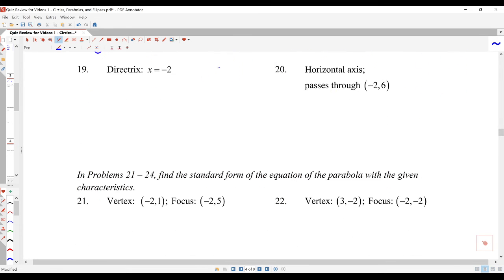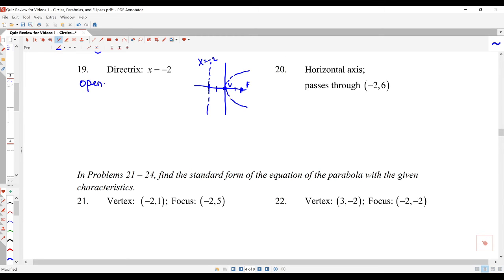Number 19. Again, vertex at the origin. x equals -2 is a vertical line. And so therefore, the point 2 to the right from that should be my focus, and so my parabola opens to the right.